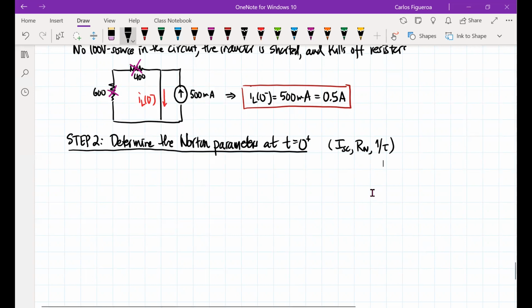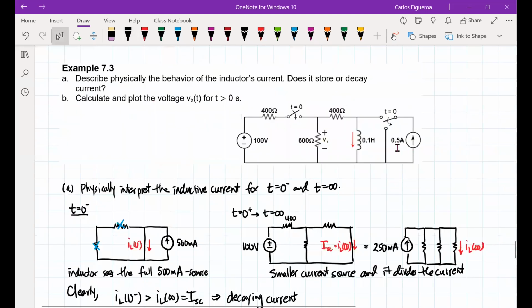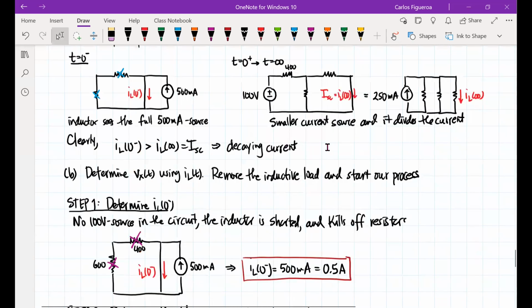So what happens now, if we come back here, note that the switch is thrown, that kills off the half an amp current source, and now it brings in the 100-volt source. So let's go draw this out.